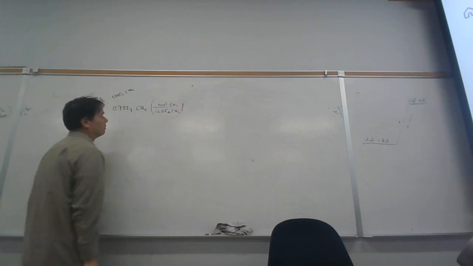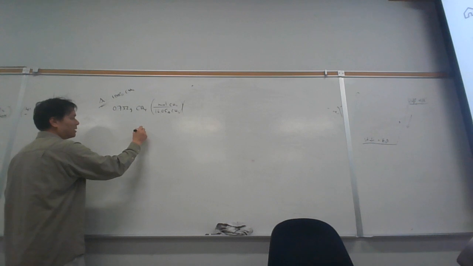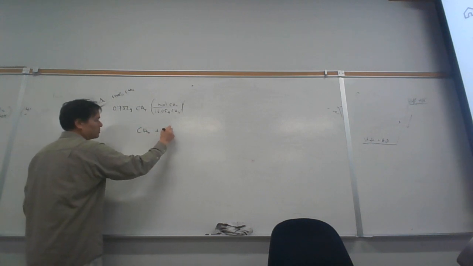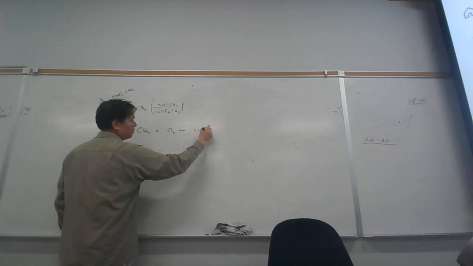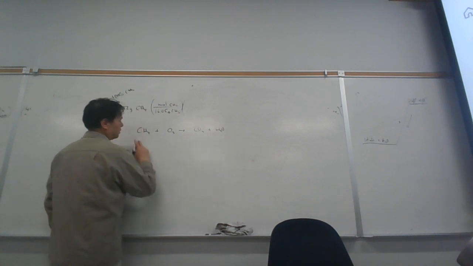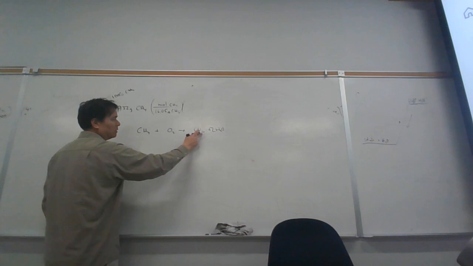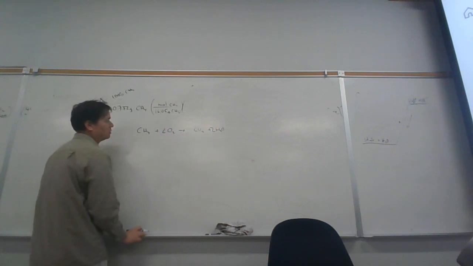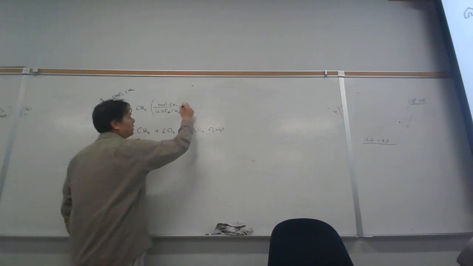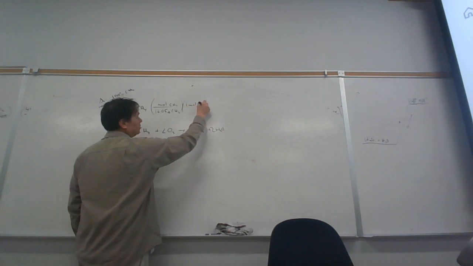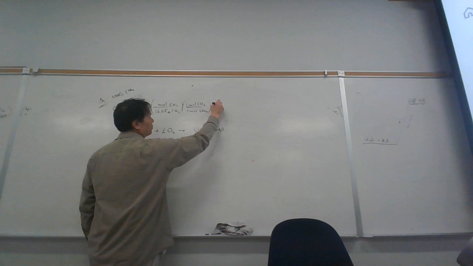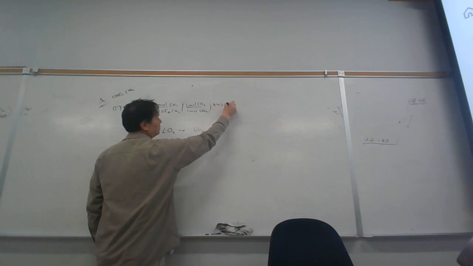And then let's balance it, get the balanced equation. Methane plus O2 yields CO2 plus H2O. One carbon, 4 hydrogens gives us 2 waters. And this is 4, and so that gives us 2 O2s. And so it's a 1-to-1 mole ratio: 1 mole of CO2 per 1 mole of methane. And then it's 44.01 grams of CO2 per mole of CO2.